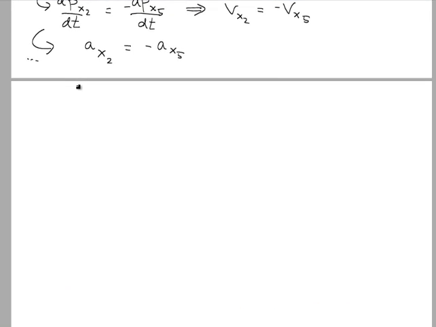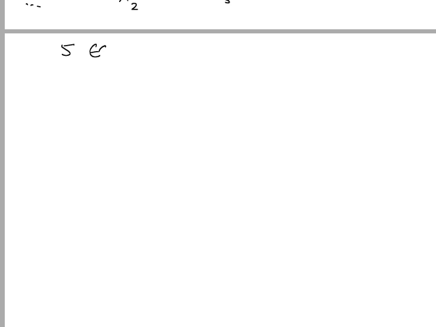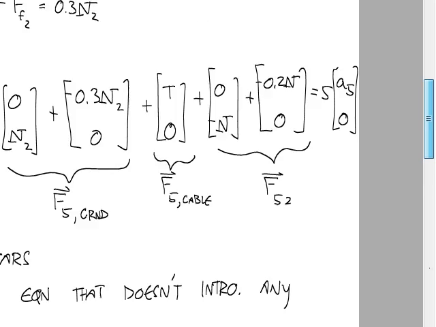Okay, so we got 5 equations now with the constraint equation. 5 equations, 5 variables.